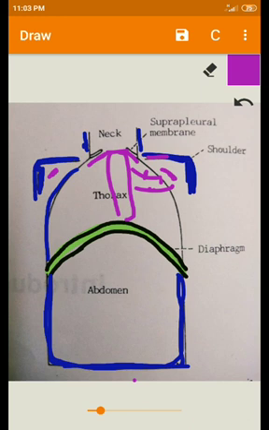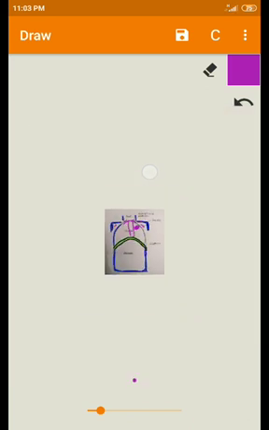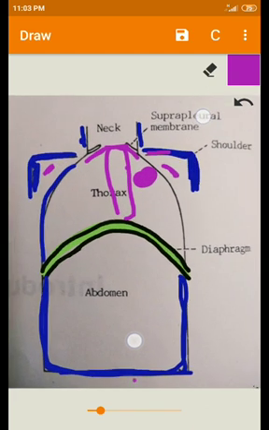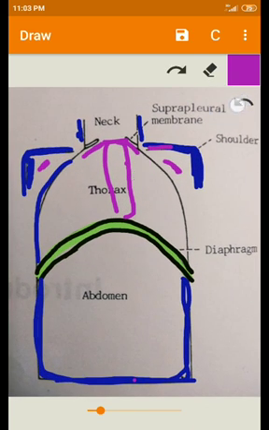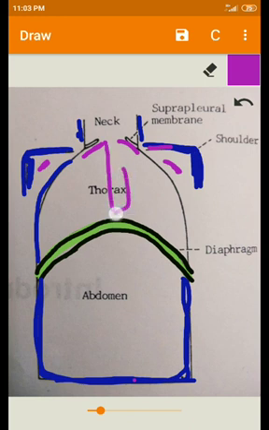So the rib fractures in the crushing injury commonly take place at the weakest point of the ribs. So in the ribs, the weakest point of the rib is the angle of the rib.